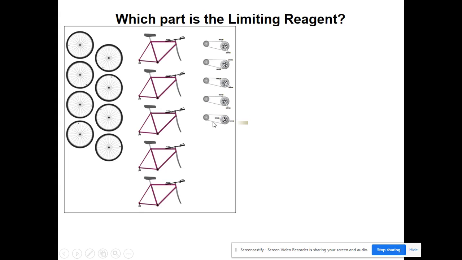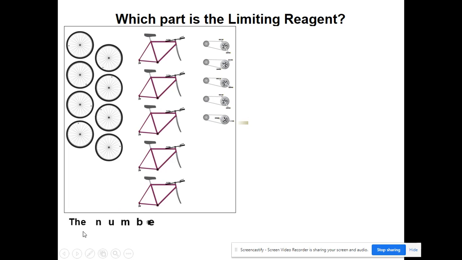So the most bikes we could make is four bikes. We're limited by the number of tires. We have more frames than we need, and more than enough gears.